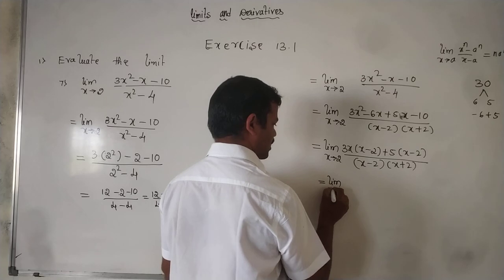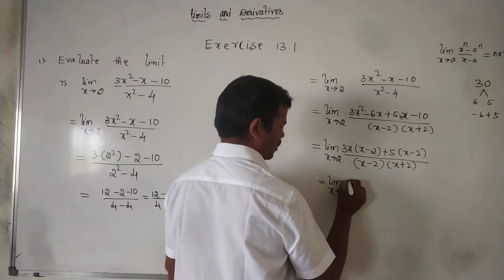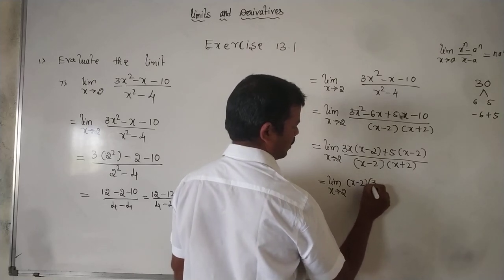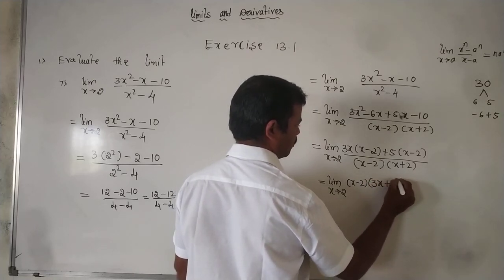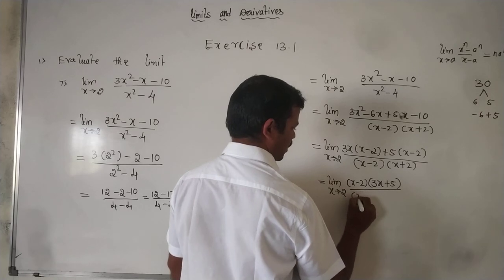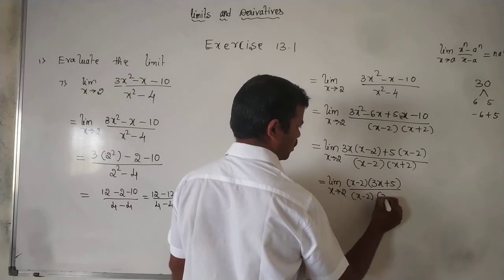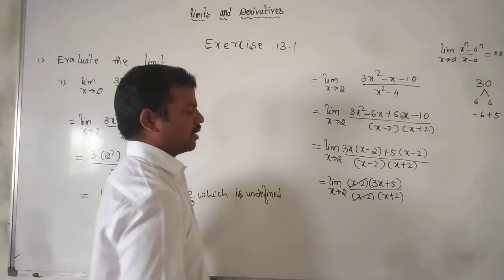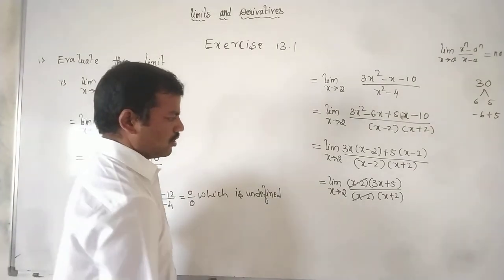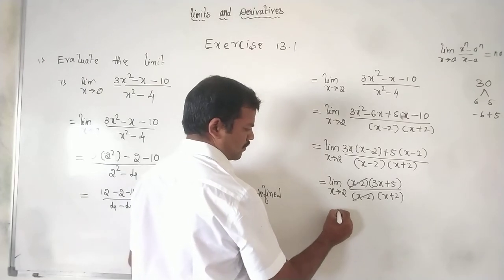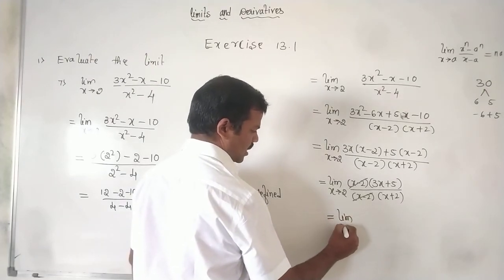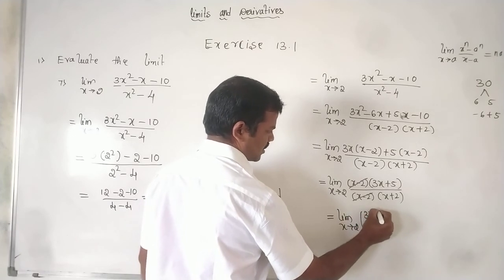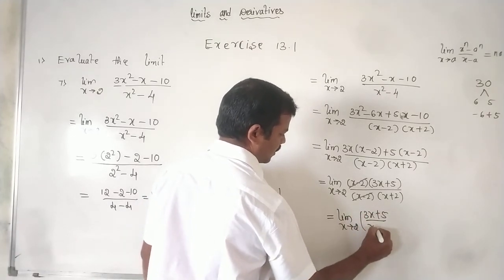Limit as x tends to 2, x minus 2 common, what remains is 3x plus 5 divided by x minus 2 into x plus 2. So x minus 2 cancels. So the common factor cancels. Limit as x tends to 2, so that is 3x plus 5 divided by x plus 2.